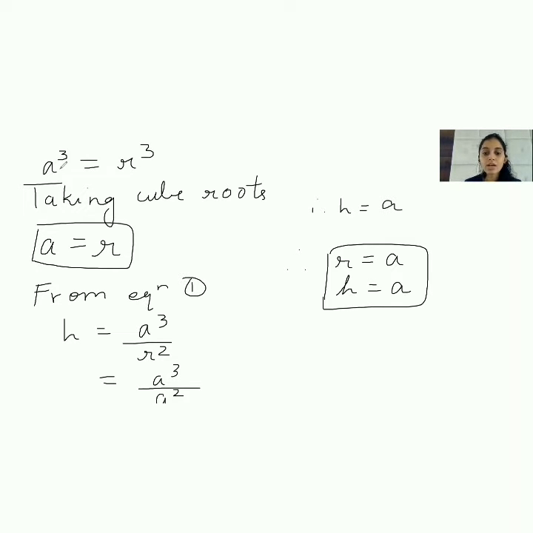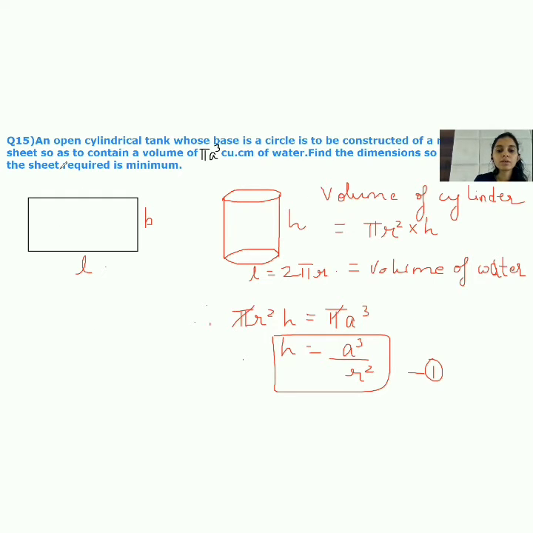This is the dimension of the cylinder. Now, what is length of the sheet? Let's go to the diagram. What is length of the sheet equal to? It becomes the circumference, right?